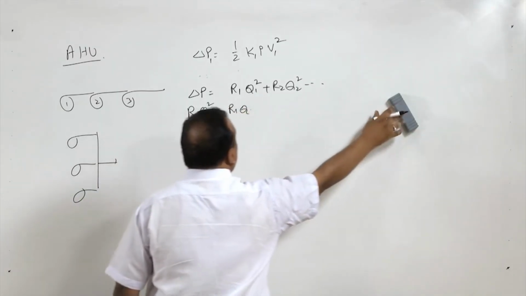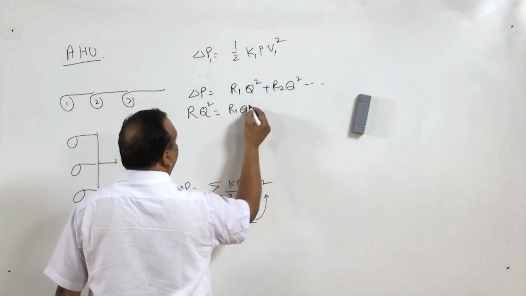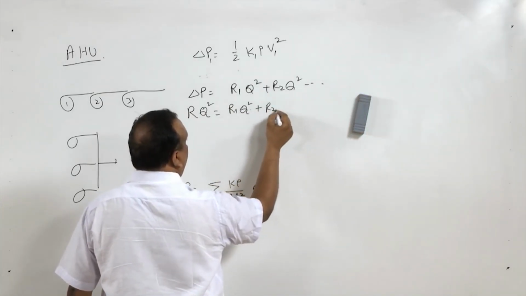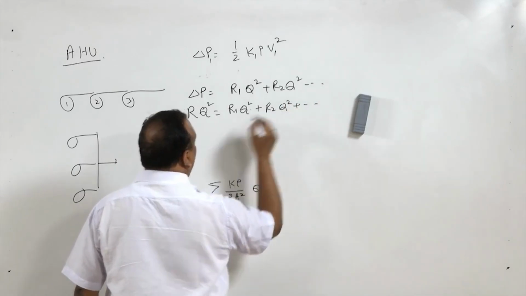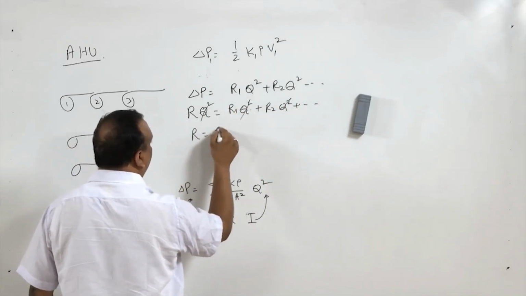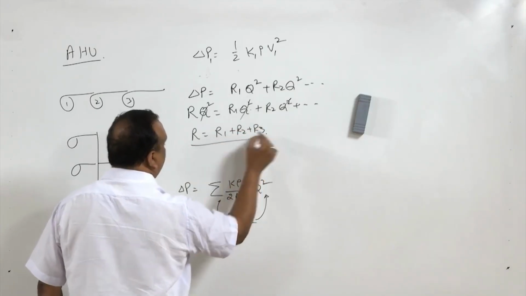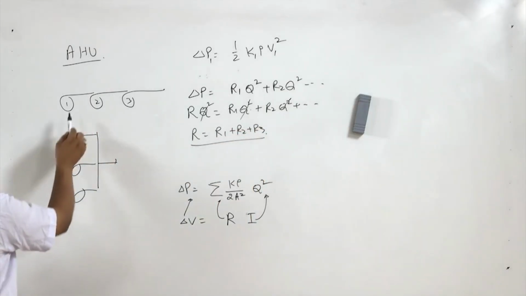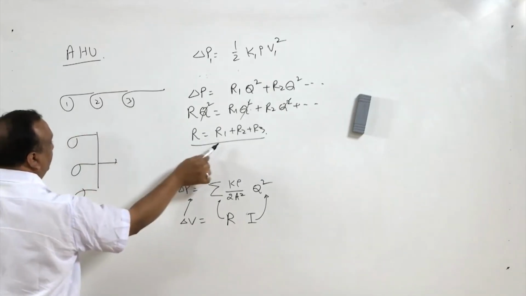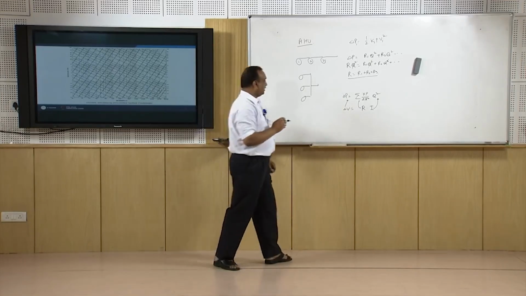Now it is not 1, 2, 3 because they are connected in series; discharge is same, volumetric discharge is same. Now this Q square will be cancelled out and R is equal to R1 plus R2 plus R3. So if we have the values of R1, R2 and R3 connected in series, the total R will be the algebraic sum of these values of R.